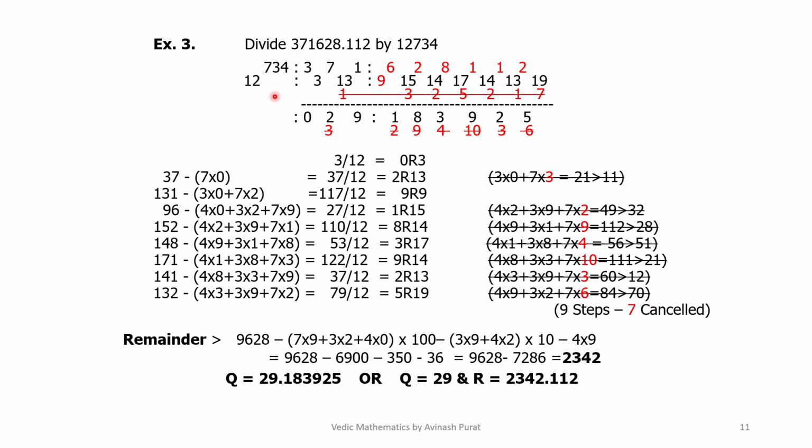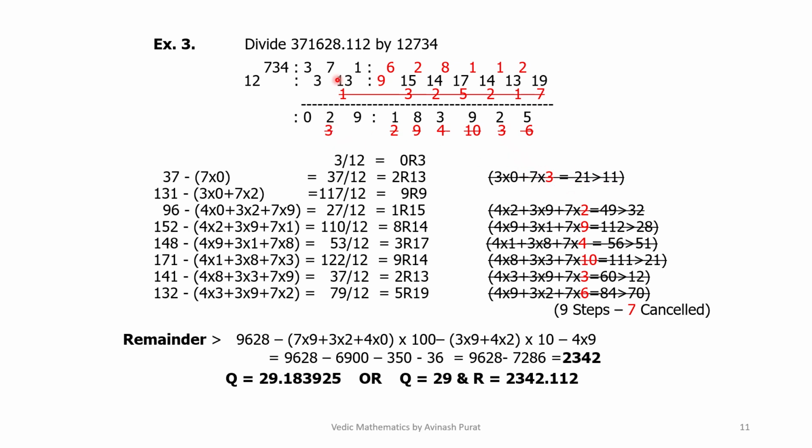Now 3 divided by 12 is 0 and remainder 3. 37 is the next dividend minus 7 into 0 equal to 37 by 12. Now if we consider 3 as quotient, then the remainder is 1 and we get 11 as the next dividend. 11 minus 3 into 0 plus 7 into 3, that becomes 21, which is more than 11.